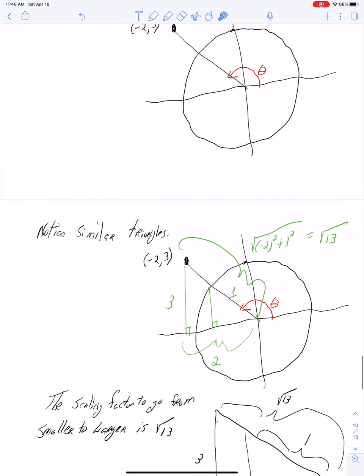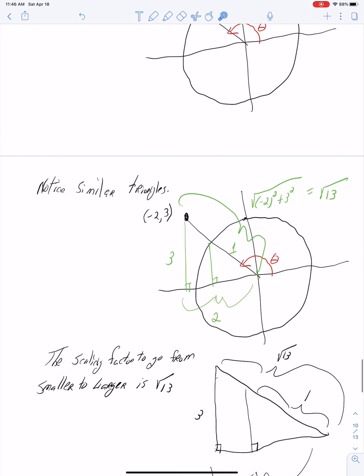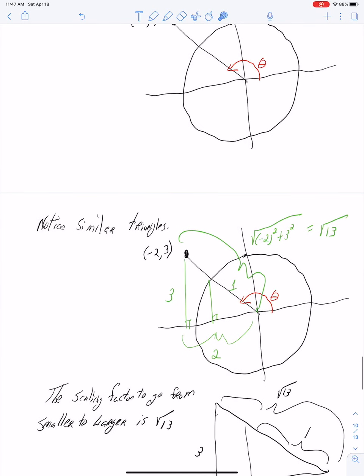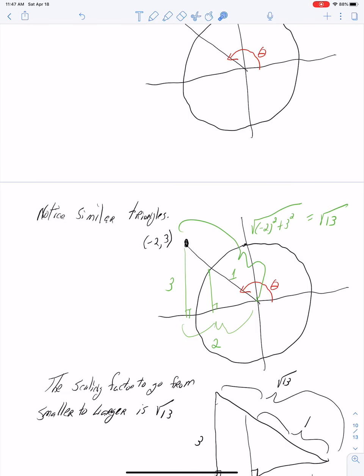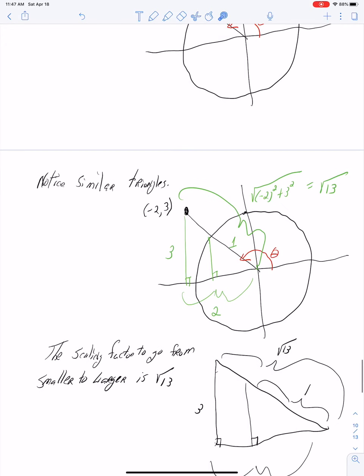Those triangles are similar. Why? Because they have the same angles. They share this angle. That automatically makes these two angles the same, so they're similar. Well, if they're similar, then one is a scaling factor of the other one.